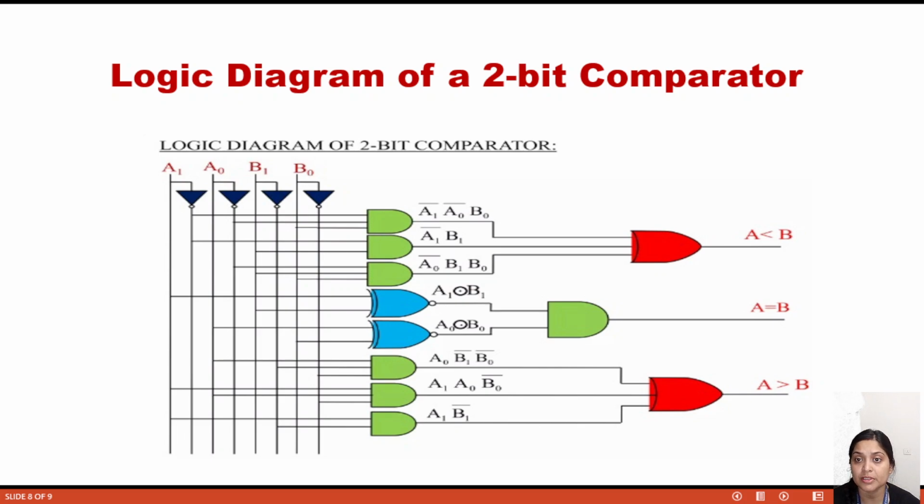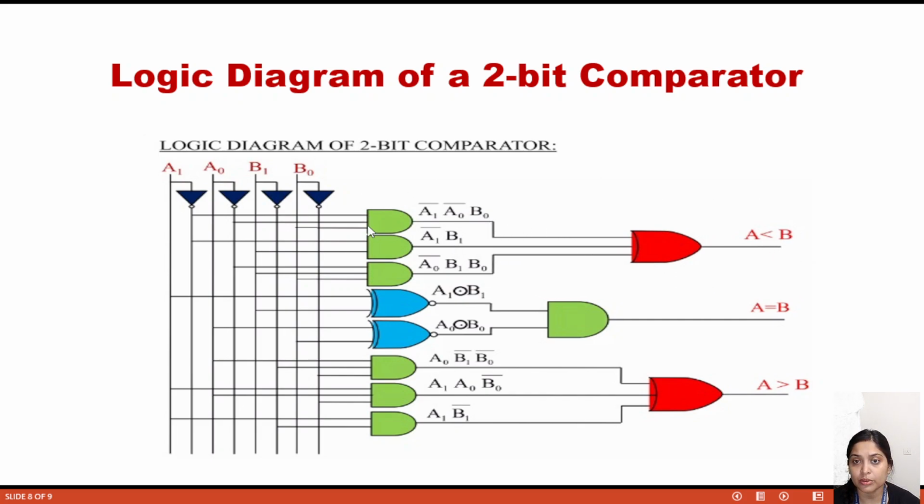For this purpose you have to design the truth table, and then follow the K-maps and find out the simplified equation of A greater than B, A less than B, and A equals to B, and then draw this diagram. Based on the diagram we will find out all the results.